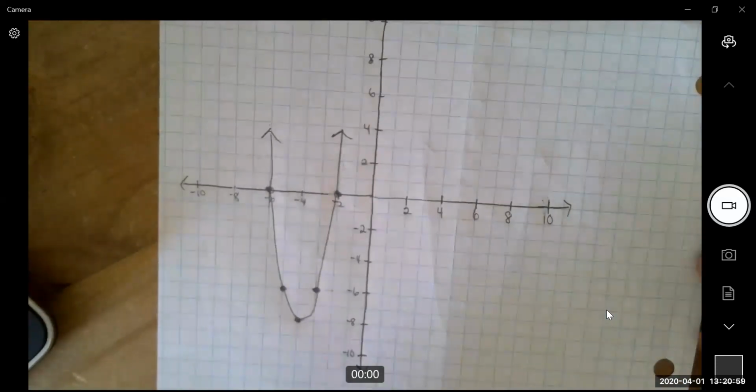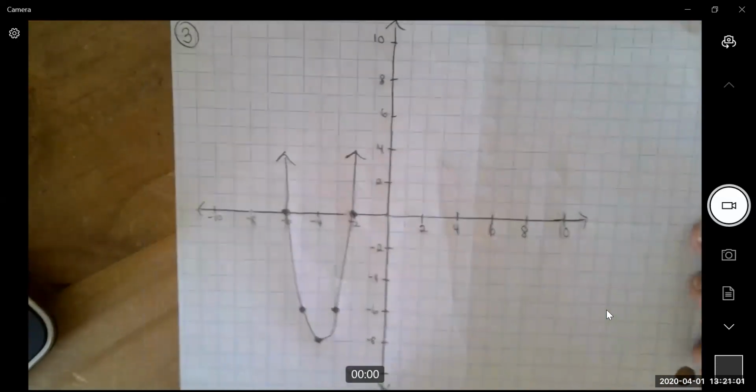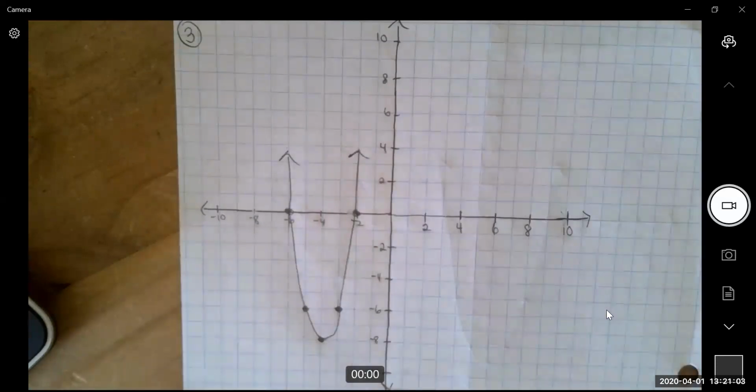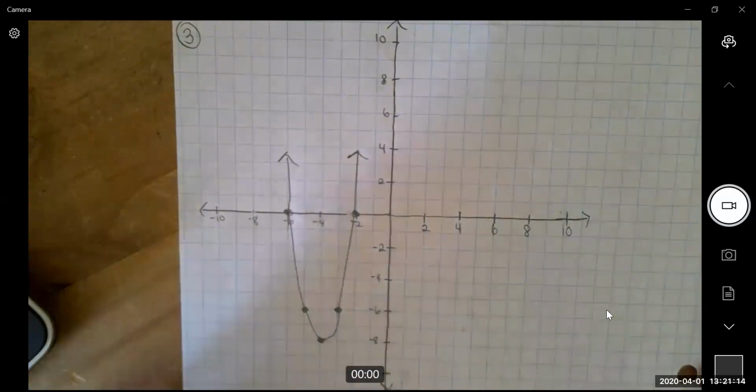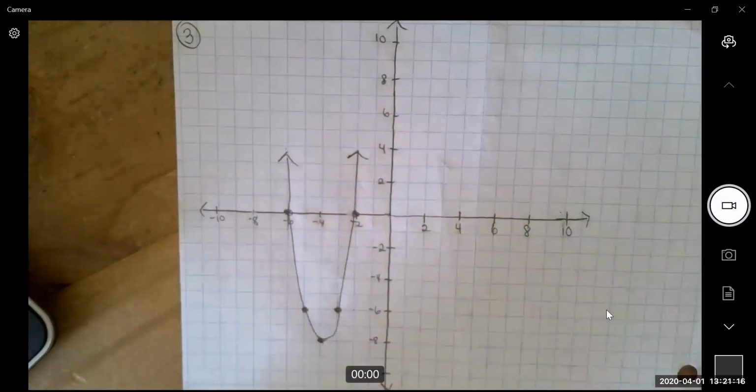Looking at this parabola, it's probably a good thing that I'm not a professional parabola drawer, because that one's a little scary right there. All right, so you should have the 3.